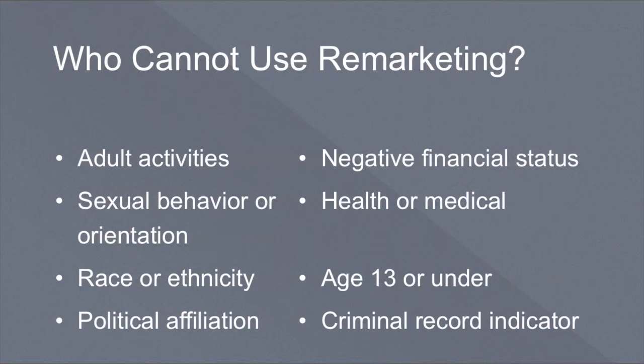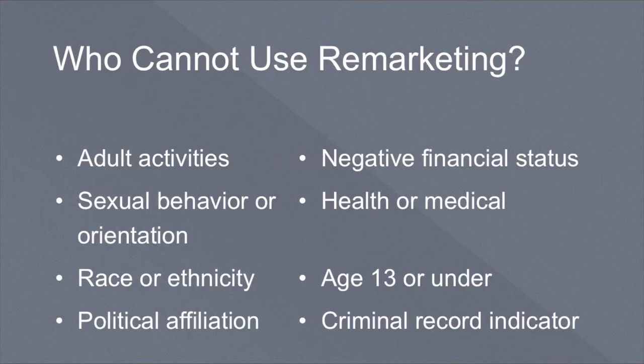You can't advertise any kind of gambling related, alcohol related, or other adult activities using remarketing. You can't advertise anything to do with sexual behaviour, sexual orientation, or race or ethnicity, or political affiliation. Similarly, you can't use anything to do with negative financial status. The last thing that you would want, imagine if it's a shared computer.